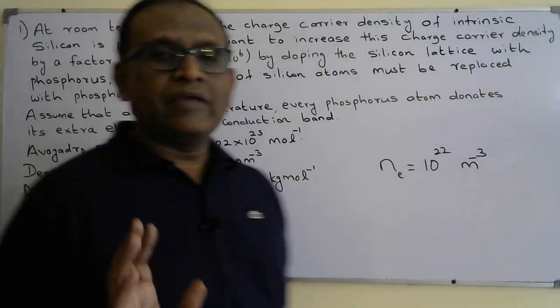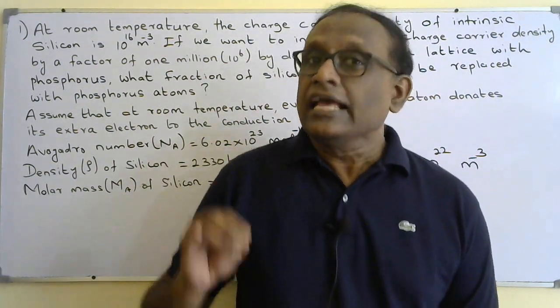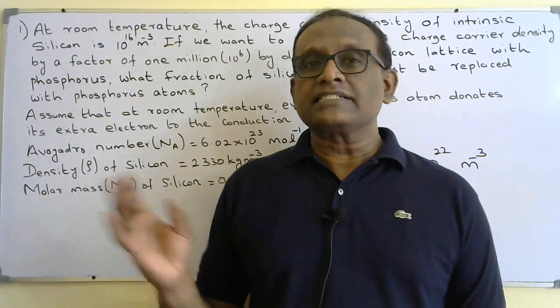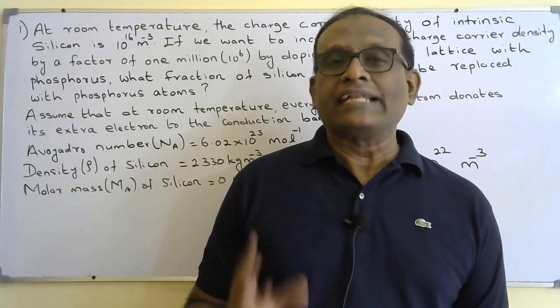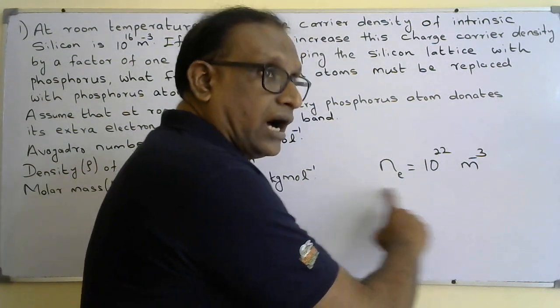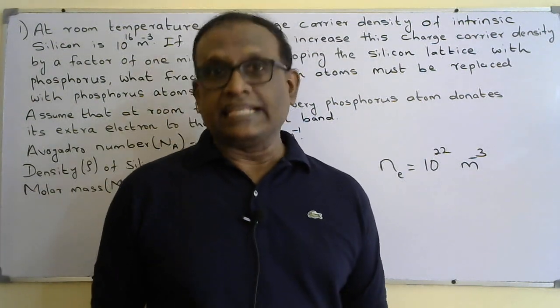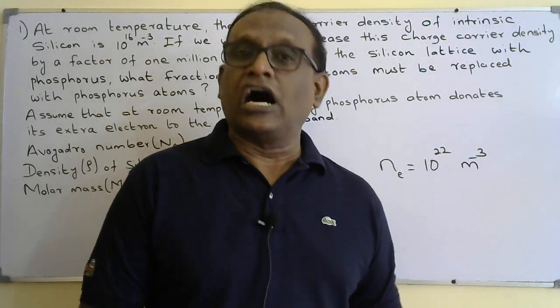Okay, so first we will find how many impurity atoms, phosphorus atoms, should be added per meter cube to get this number of delocalized electrons or conduction electrons in the extrinsic semiconductor after doping.